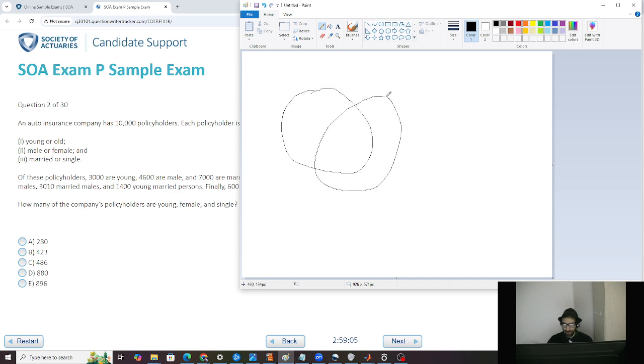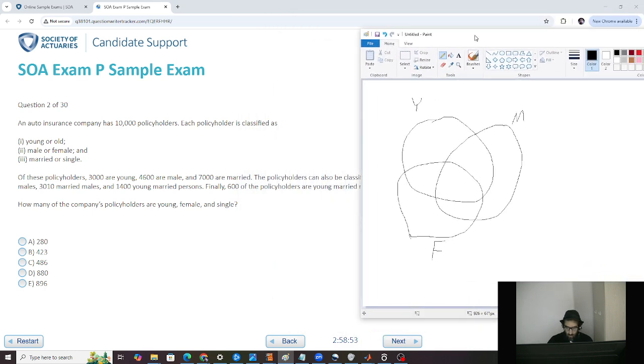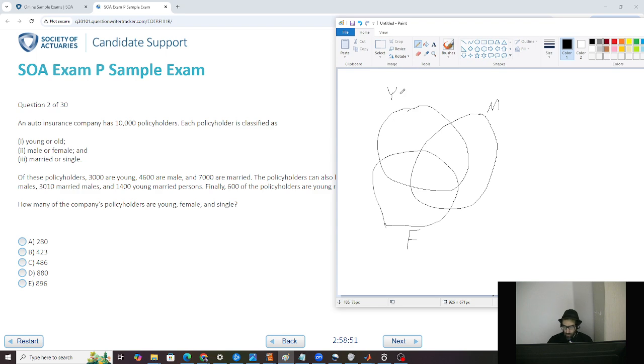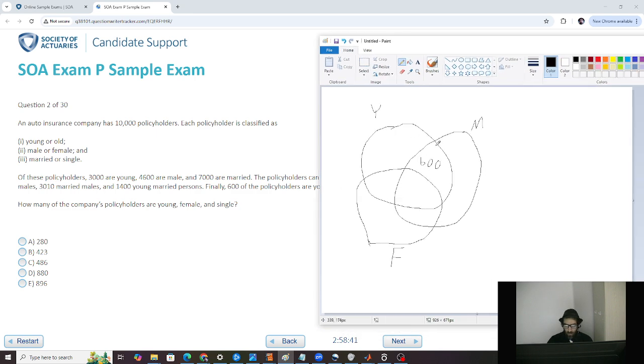Let's say young, married, female. It's saying 600 are young married males. Young married male, 600 here. Young married is 1,400, so that puts 800 here.